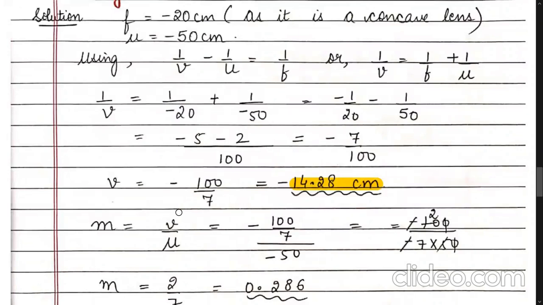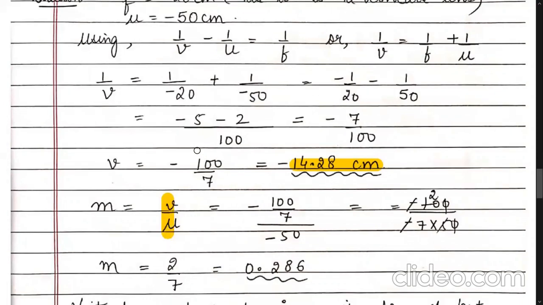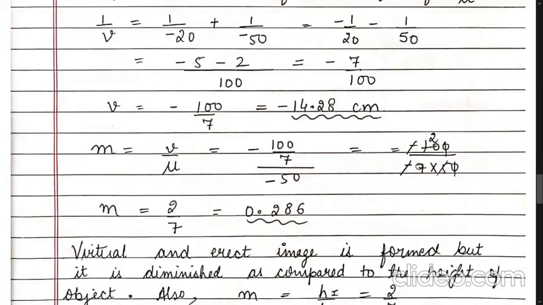Now students, we are supposed to find the value of magnification also. So magnification is v divided by u, that is v was minus 100 by 7 and u was minus 50. So if you calculate this, it is 2 by 7 since negative and negative cancel out, and the answer is approximately 0.286.